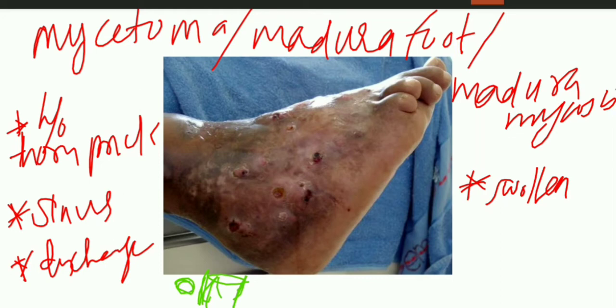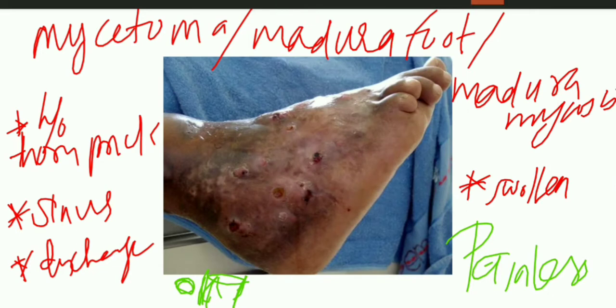There will be no pain. Now after that, from the sinus it will start to discharge certain grains, and later the whole foot will become hard and swollen, just like what you see in this picture, but still there will be no pain.